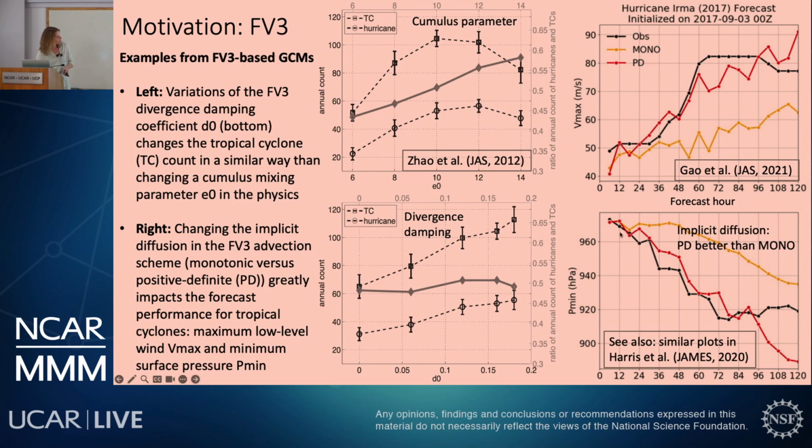The lines are color-coded: black is observations, yellow is monotonic simulations. Monotonic means pretty diffusive, typically, and PD is positive definite, and that's less diffusive. So again, we are seeing this clear signal just by choice of numerical diffusion, not explicit diffusion, and we are varying the strength of this hurricane really dramatically in comparison to that rather diffusive monotonic run. This is also true here for the pressure.